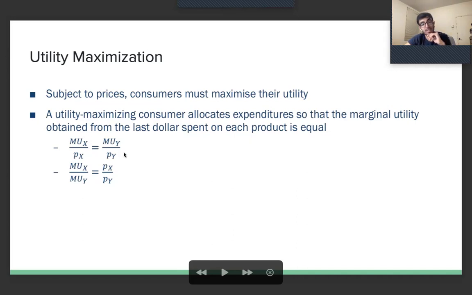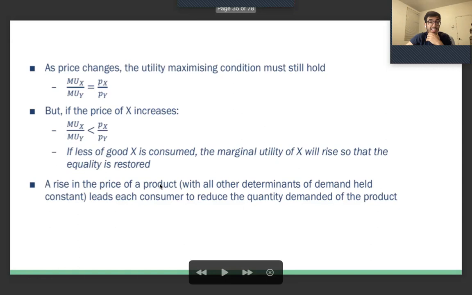The reason is that once this equality is restored, both goods are giving me exactly the same amount of additional utility relative to what I'm paying for those goods. And I have no incentive to consume one good over the other. So that's why this equality exists.